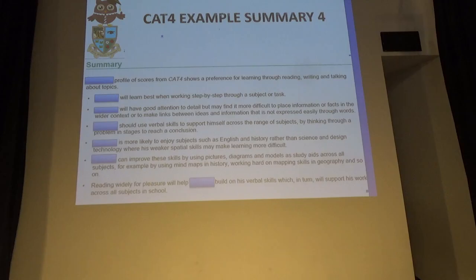They might find it a little harder to see the bigger picture because their spatial ability is slightly lower. So again, using pictures and diagrams and things to support them would be useful. And they may find it difficult for some spatial activities, mapping skills, those kinds of things, where higher spatial ability is needed.